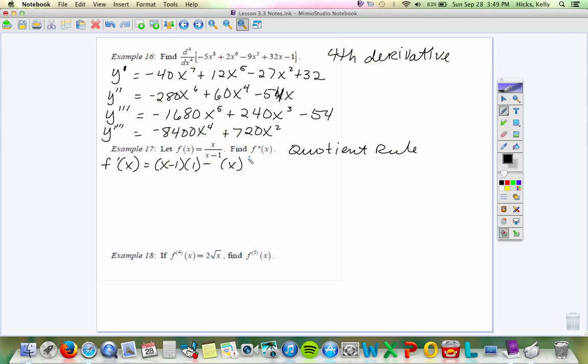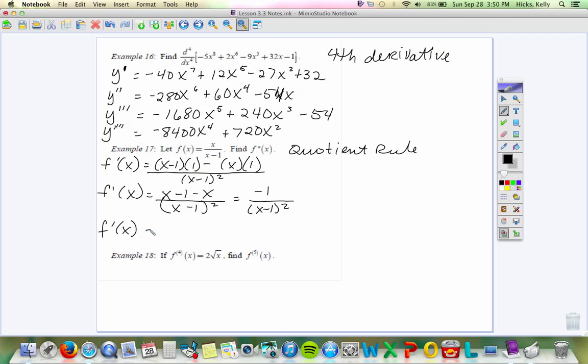F prime of x is going to be low d high minus high d low over low squared. Clean that up just a little bit before you do your second derivative. If you multiply here, you get x minus 1 minus x over x minus 1 squared. And that is just simply negative 1 over x minus 1 squared.